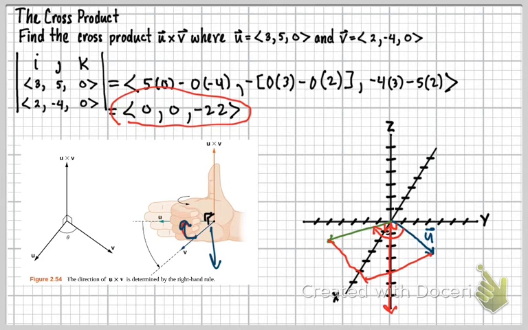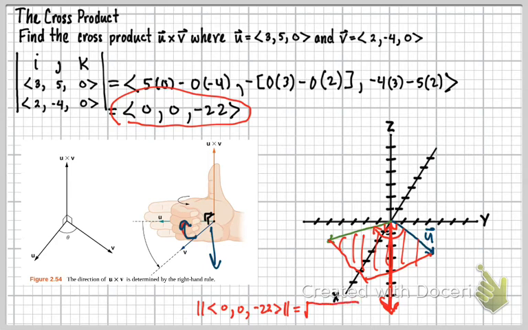And again, that tells me that if I just took the magnitude of this cross product, or if I knew the length of it, then that would be equal to the area of that parallelogram, which would be the magnitude of 0, 0, negative 22. If you remember, the magnitude is the square root of each of those components squared.